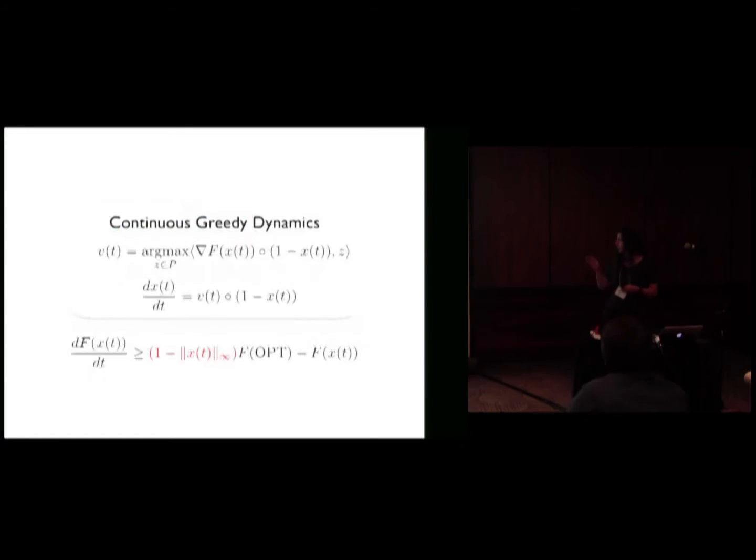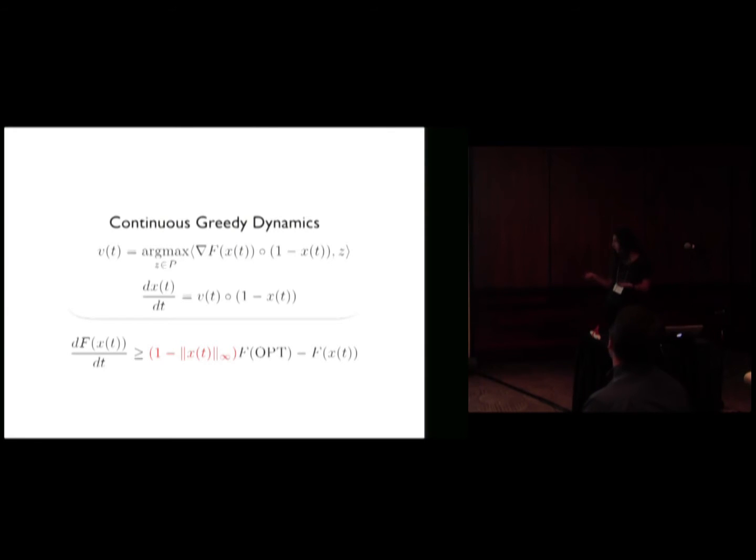Okay? And for this, I want to go back a little bit to this continuous greedy dynamic that we saw. So as we saw a few minutes ago, this continuous greedy algorithm has the very nice feature that the rate of increase is proportional to opt, but it's also proportional to the infinity norm of our current solution.